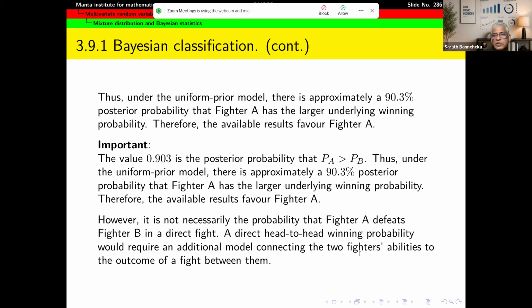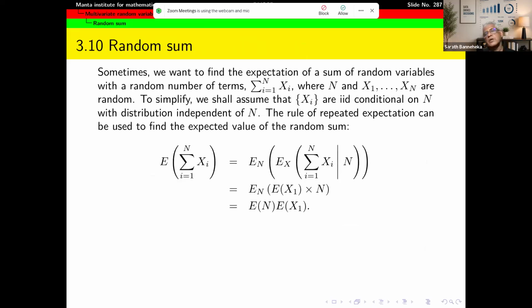So that has to be understood. Here we are talking about in general what will happen and which person is better when they are fighting with other fighters, not when they are fighting each other. So that is important, right?